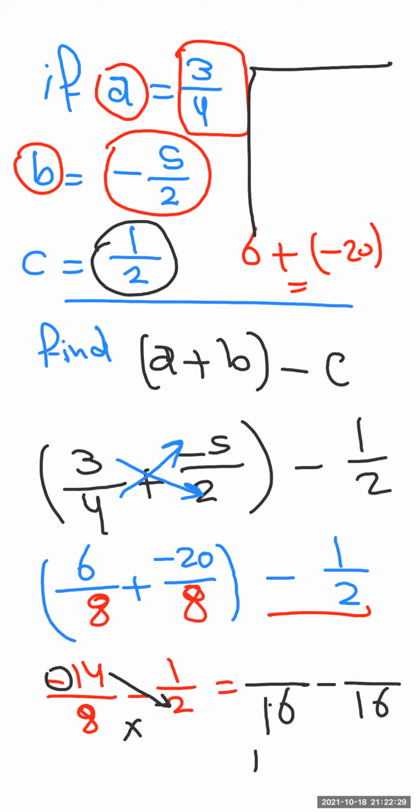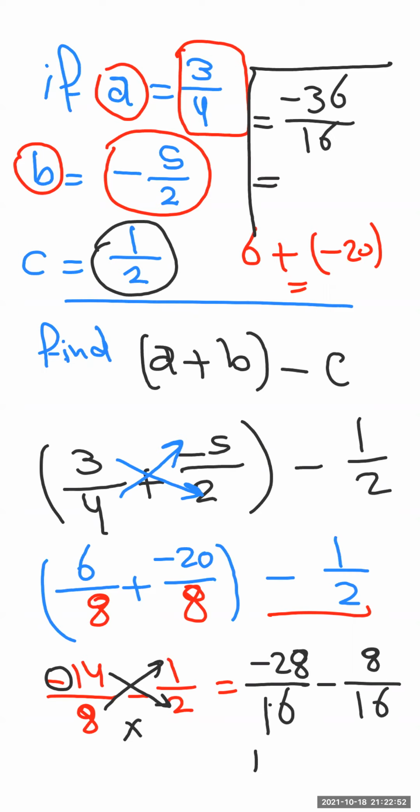Here there is a negative sign, negative 14 times 2 means negative 28. And here, 8 times 1, it will be 8. Now negative 28 minus 8 will be negative 36, correct? So it will equal negative 36 over 16.